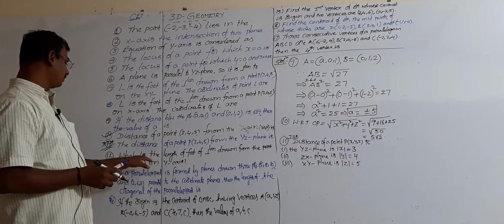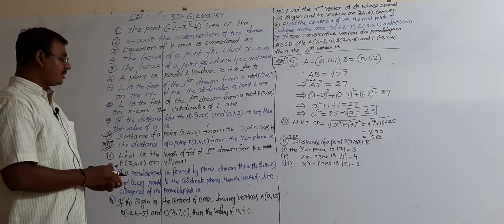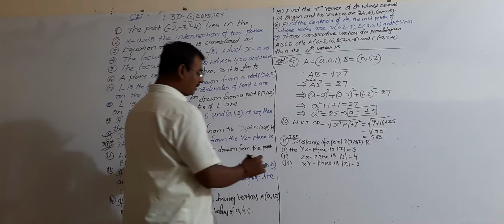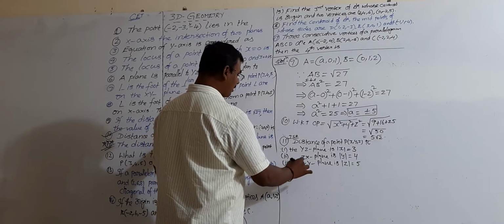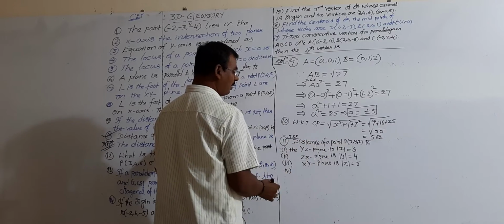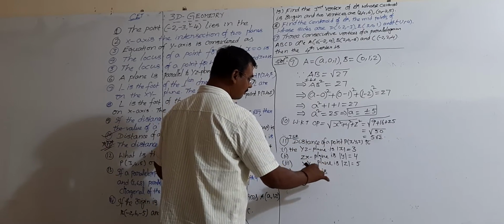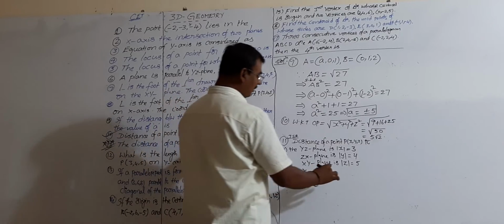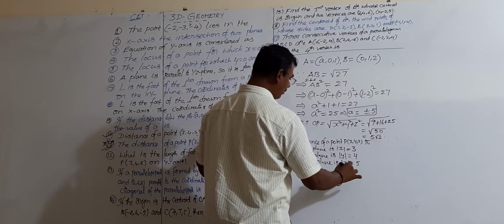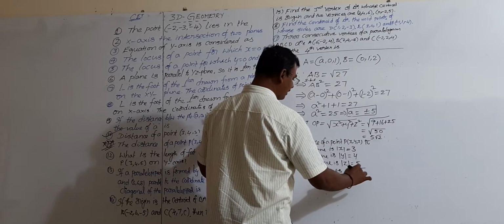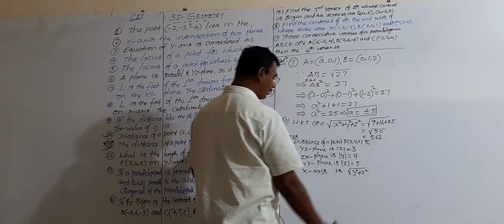For (3, 4, 5), next, something like this they would ask in the exam. For example, find the distance of a point P to the x-axis. Whenever the x-axis is given, the distance formula is square root of y square plus z square. Why?